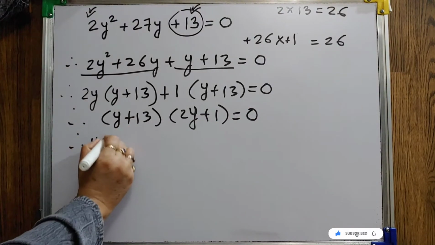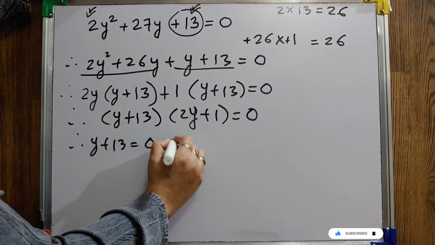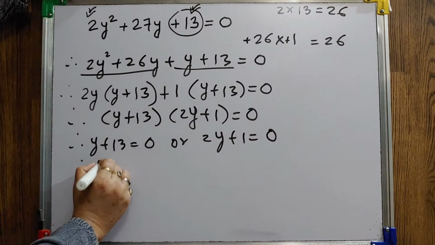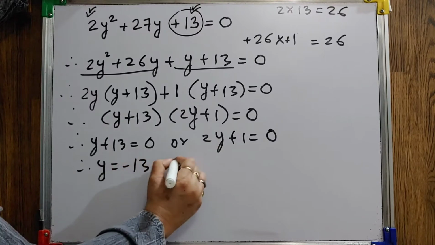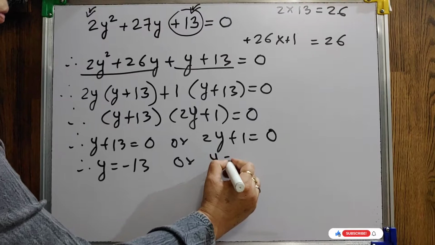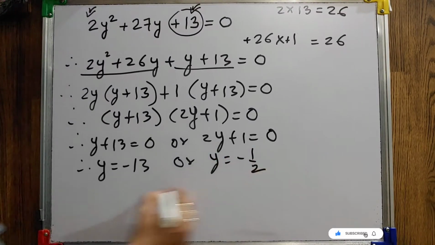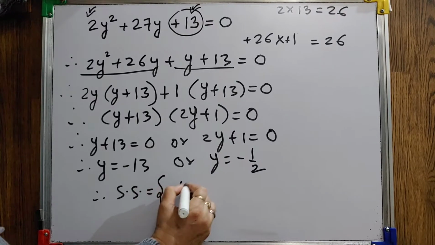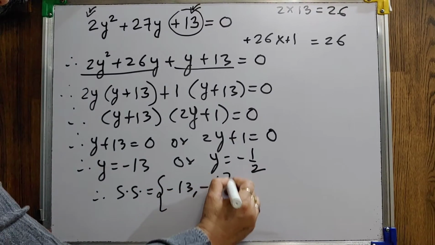So either your first bracket is 0 or your second bracket is 0. So here you are getting the value minus 13. Here first transfer 1, then 2. So your y is minus 1 by 2. So your solution set is minus 13, minus 1 by 2.